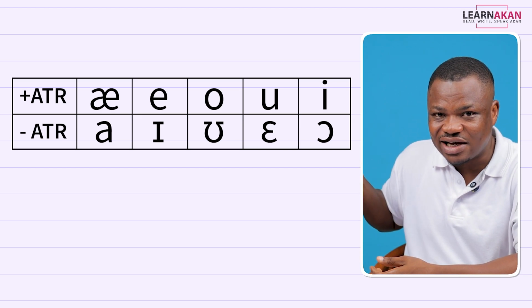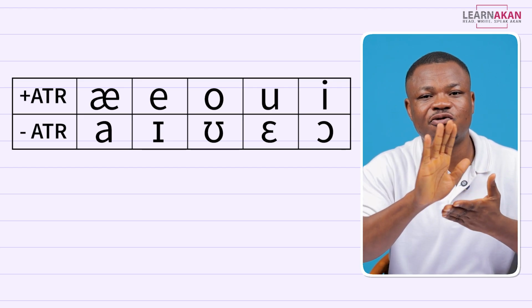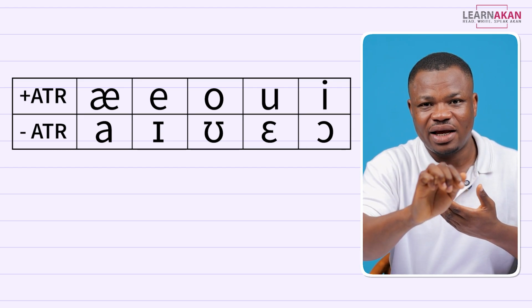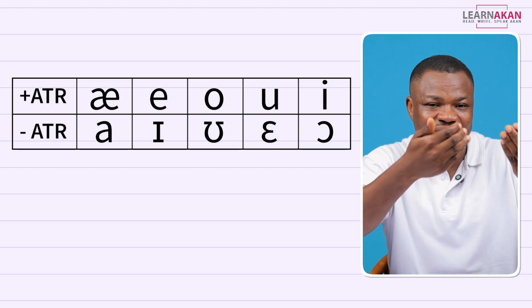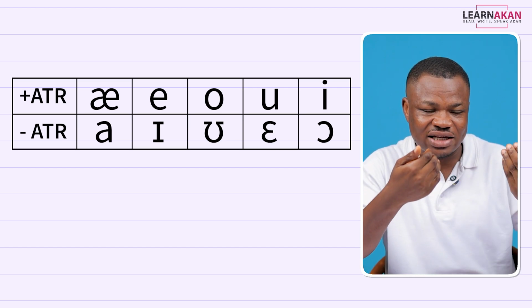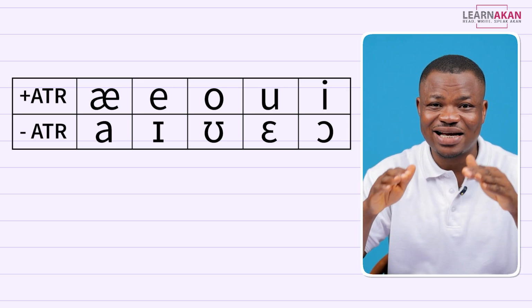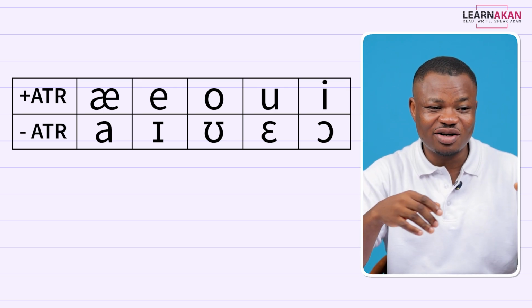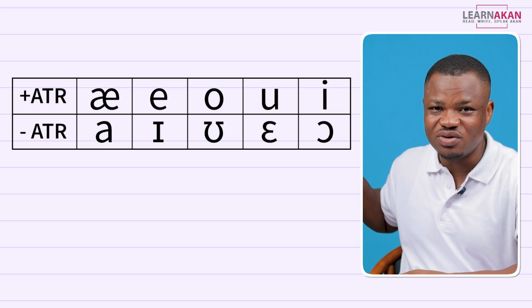So for the first set, when you say them, the tongue root is pushed forward, right? And for the second set, when you say them, the tongue root is relaxed, right? So it retracts to the back. So that is how the division is made. But as a language learner, you don't need to bother yourself with the tongue root positioning and all that. Just memorize these 2 sets.